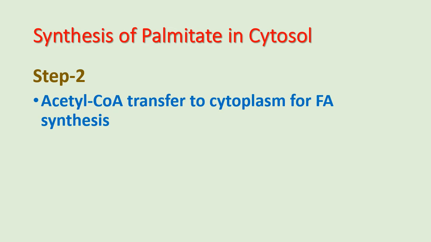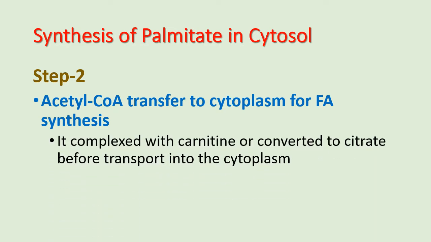It means it cannot pass through the membrane or enter into the cytoplasm until it is complexed with something, or converted into some other compound. It can be complexed with carnitine. This is one way, and the other way is that it should be converted into citrate before transport into the cytoplasm. This is what goes on in non-ruminant animals.